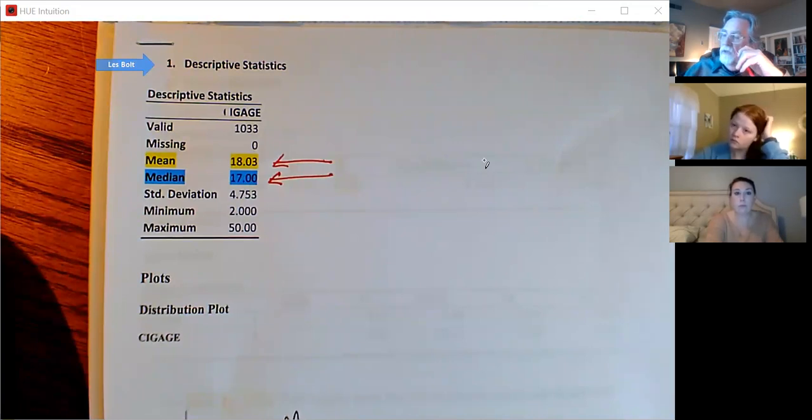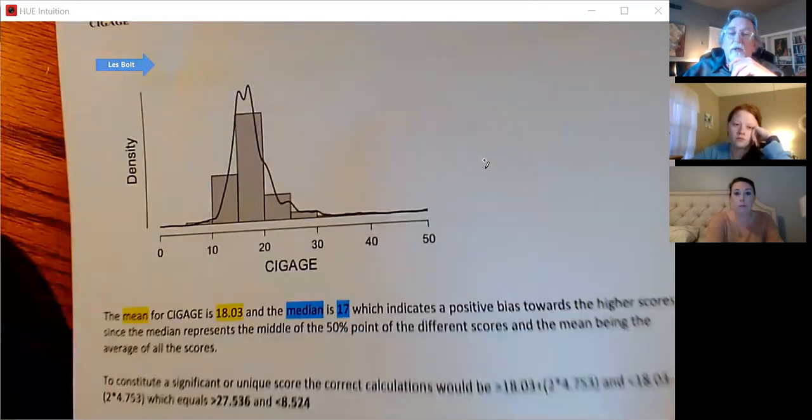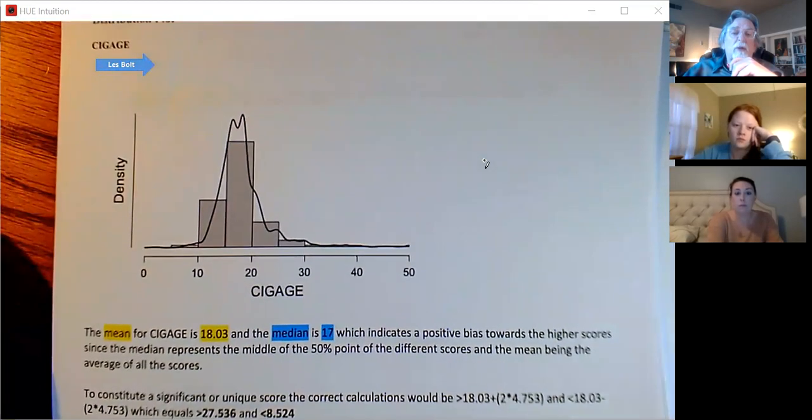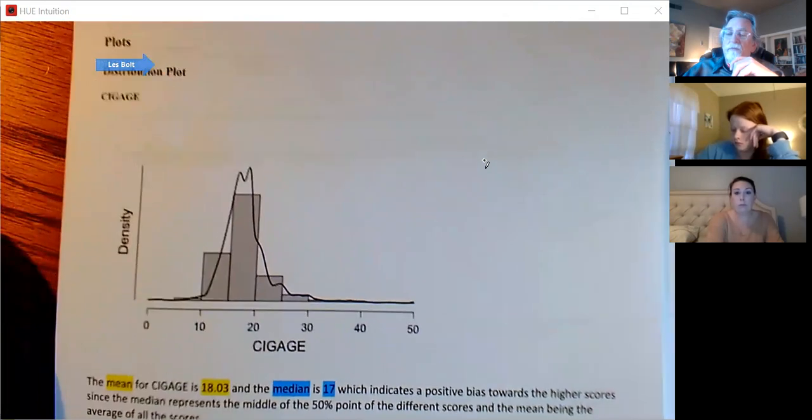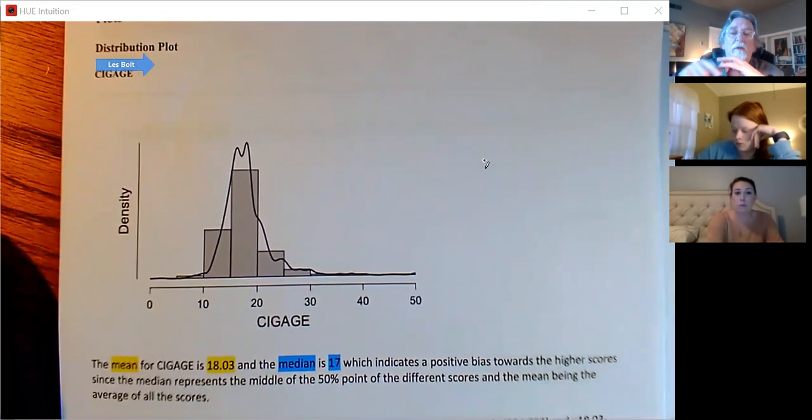We'll come back to the standard deviation in a minute, but the mean for the age at which people began smoking cigarettes full-time or regularly was 18.03 in this data set, and the median was 17.